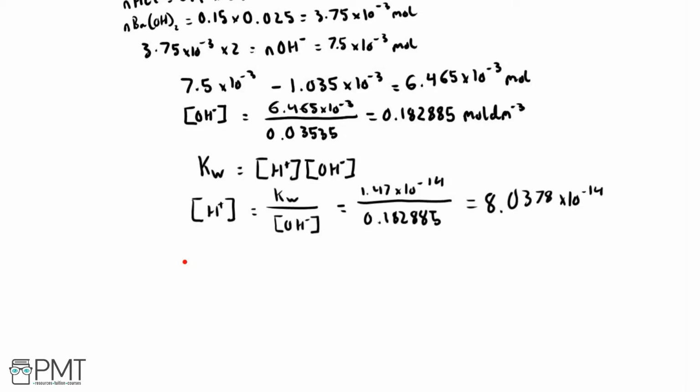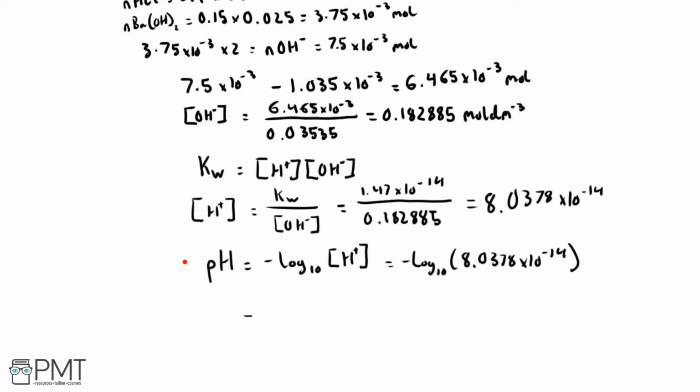We can now use this to calculate our pH, as pH is equal to minus log 10 of our hydrogen ion concentration. So substituting in our value of 8.0378 times 10 to the minus 14 is going to get us a value for pH of 13.09 to 2 decimal places.